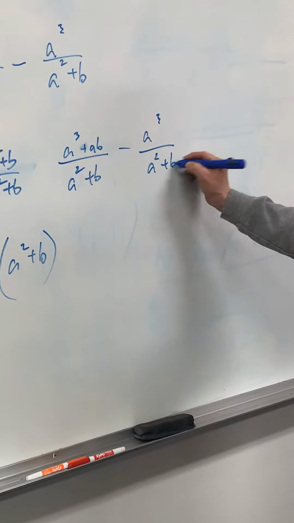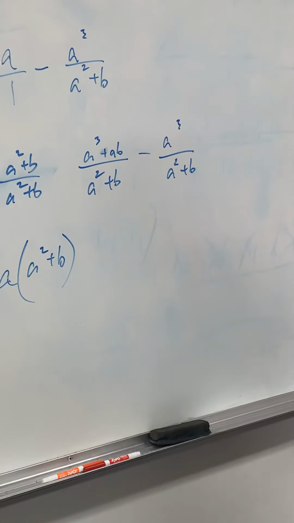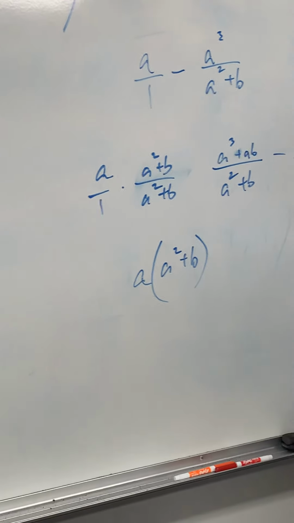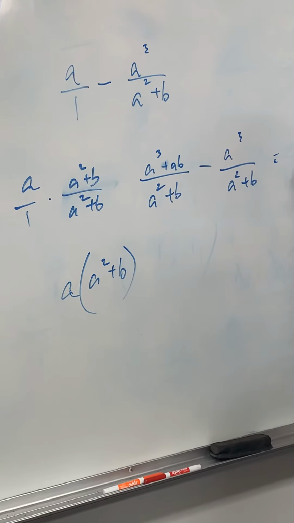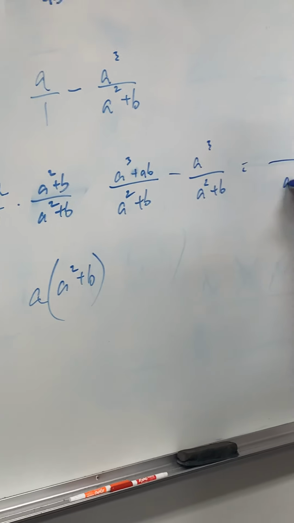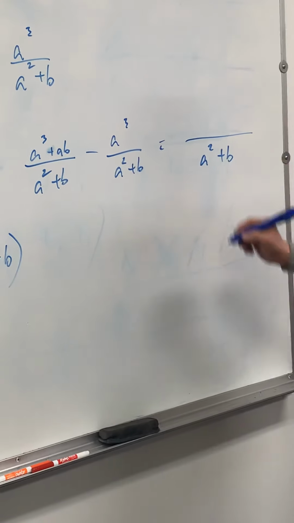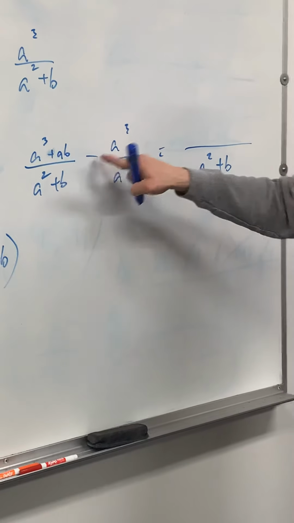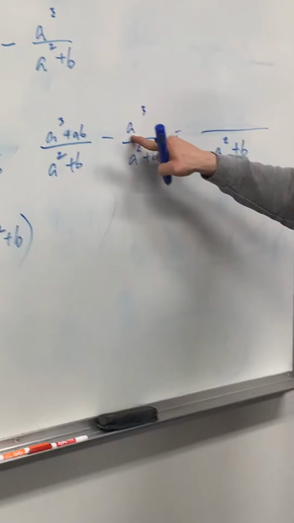Now remember, now that we have a common denominator, we can take both numerators and put them over that common denominator. So we get A squared plus B in the denominator. Now remember that subtraction sign simply causes this positive A cubed to become a negative A cubed.